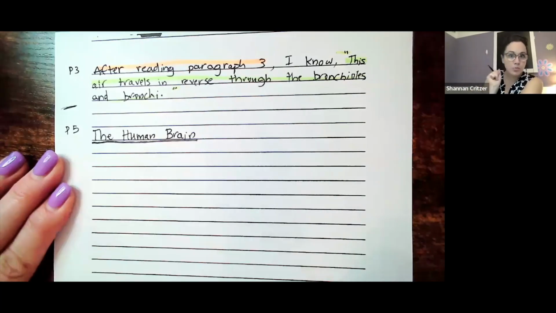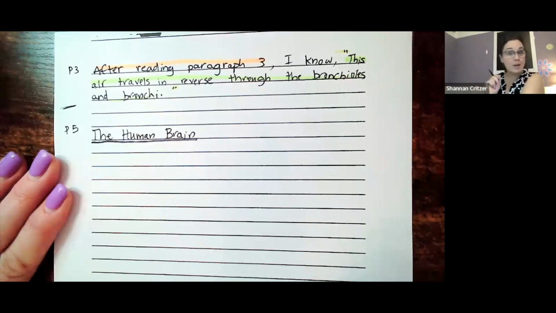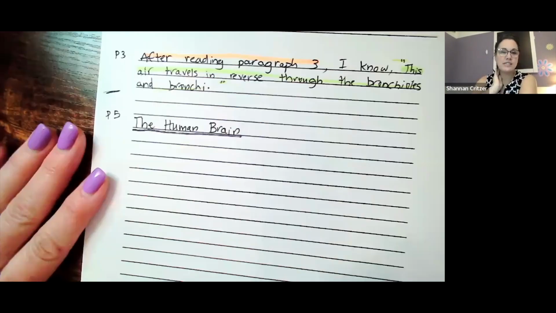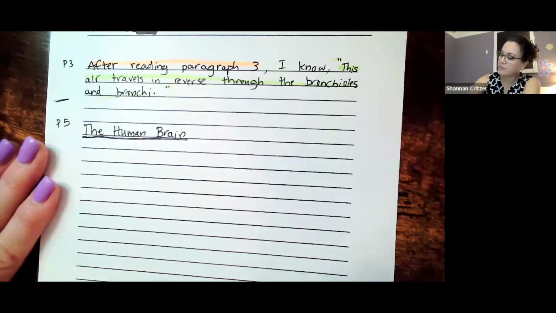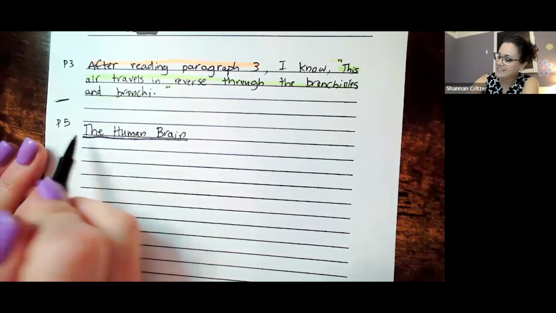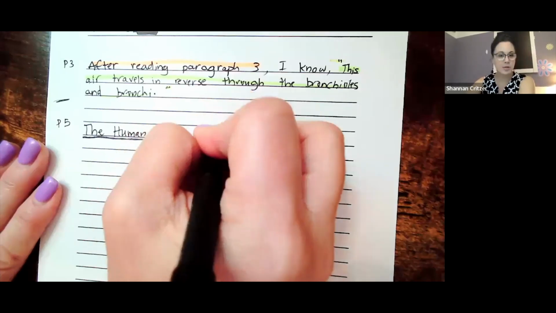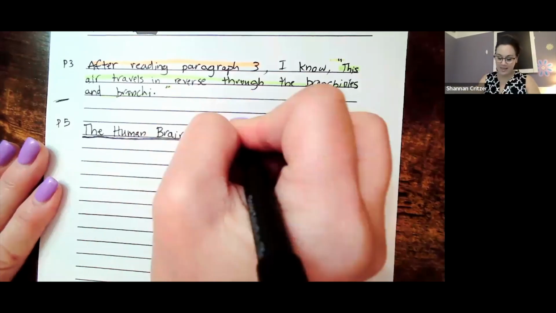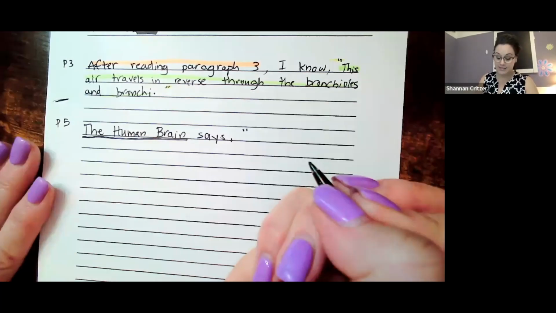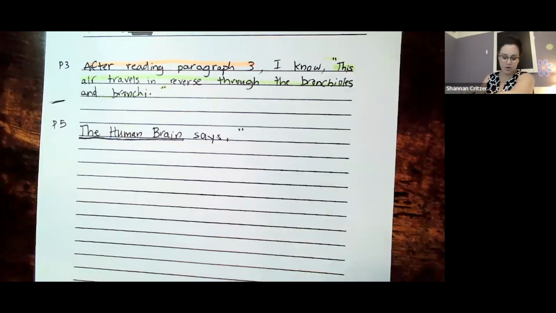If 2 or 3 or 4 words are capitalized and 2 or 3 are not, then you just copy it just like that. The human brain says, then I'm going to put a comma, and I'm going to start my quotation, okay? And I'm going to copy what we just boxed. Can you wiggle your pinky finger? The signal already went through your brain.